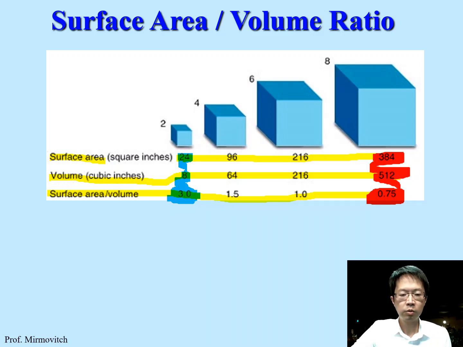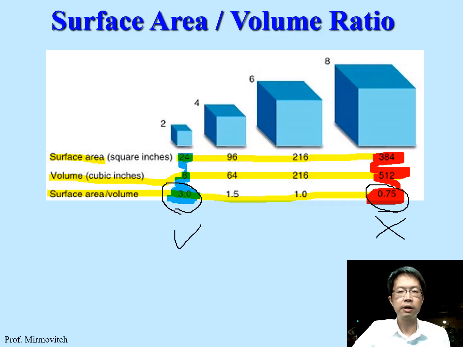We always want a high surface area to volume ratio. We don't want this, we want this, so that it can speed up the exchange of the materials.